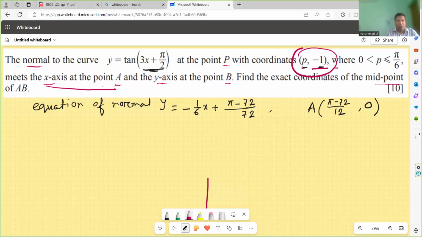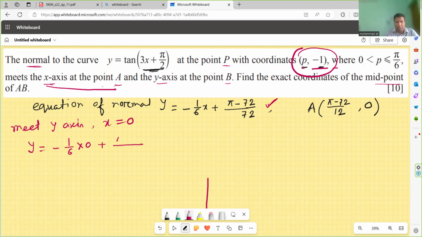Now, when this normal line meets the y-axis, here x equals 0. So if you put x equals 0 in this equation of normal, we get the y value. So y equals minus 1 by 6 into 0 plus (pi minus 72) by 72. From here we get y equals (pi minus 72) by 72.